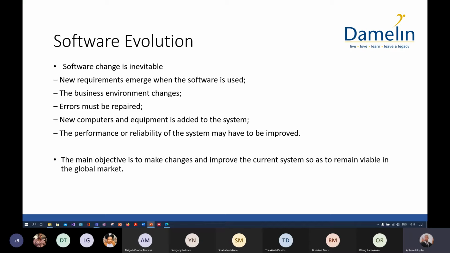For you to remain viable in the global market, you also have to adapt. Maybe your competitors have started using the cloud or Office 365 integrated into their software, so you also need to move along and start to adapt those features. So these are some of the reasons why software changes or evolves.